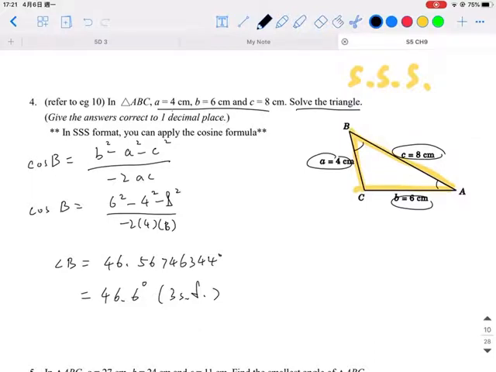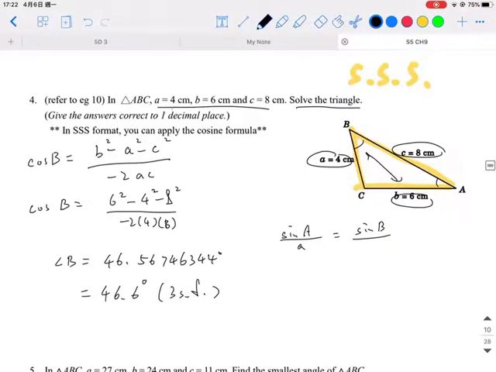So sine A over a is equal to sine B over b, because we have a pair of angles, right? So sine A over 4 is equal to sine B, I write as 46 point something, over b is 6, and you will get angle A is equal to 29.0 degrees.